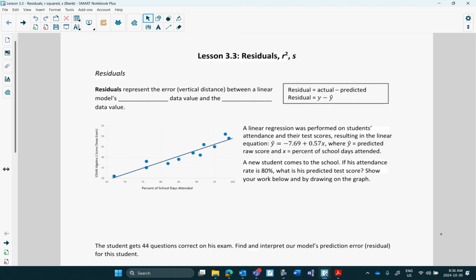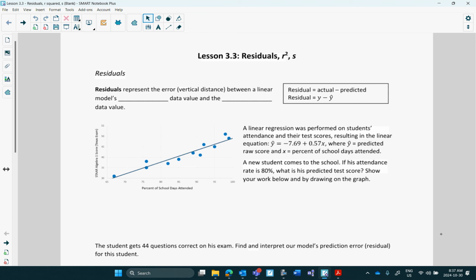That line is placed so that the sum of the squares of the residuals is as small as possible. And then we talked about how to analyze using certain factors like the direction of the relationship, the strength of the relationship, whether it's linear or not, and whether there are any outliers.